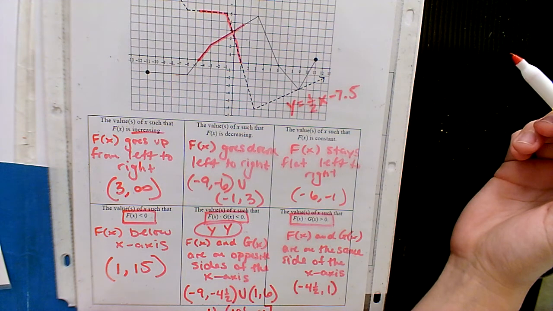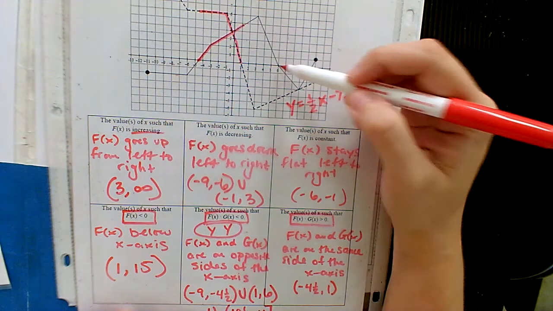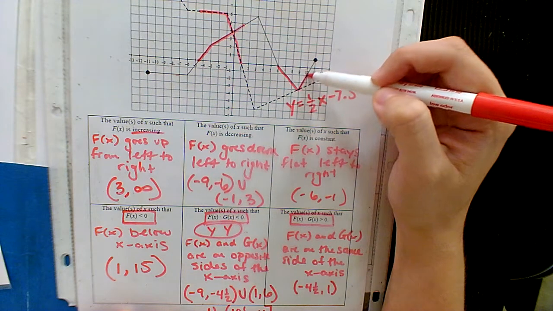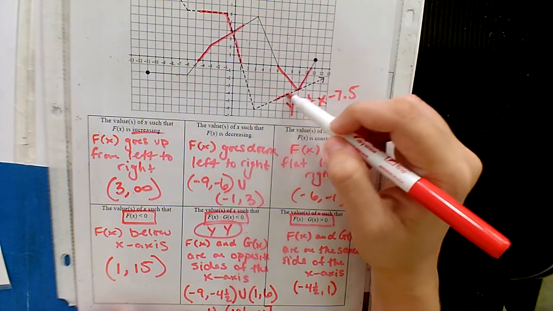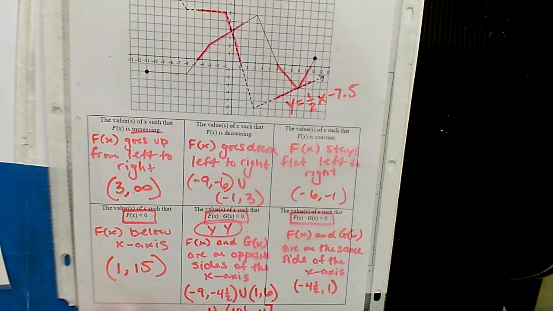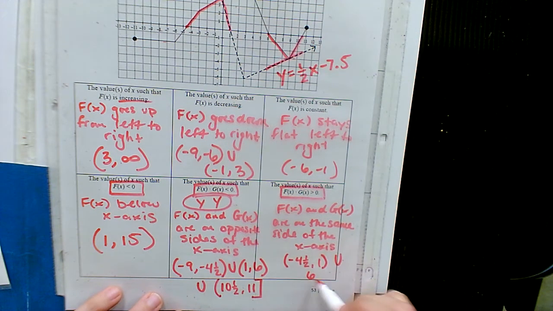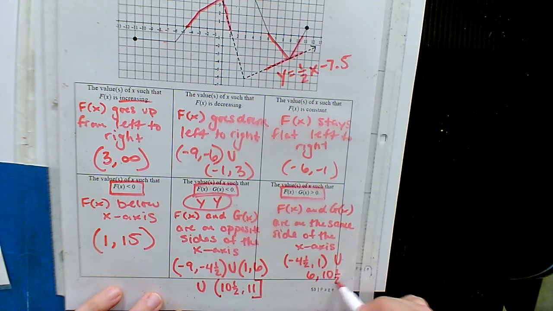Is there another one? Do you see it, Adam? Yeah. From 6 to 10.5. Let's see, from 6 to 10.5, the solid is below, and the dotted is below. I like it. So we'll throw in a U. We go from 6 to 10.5.